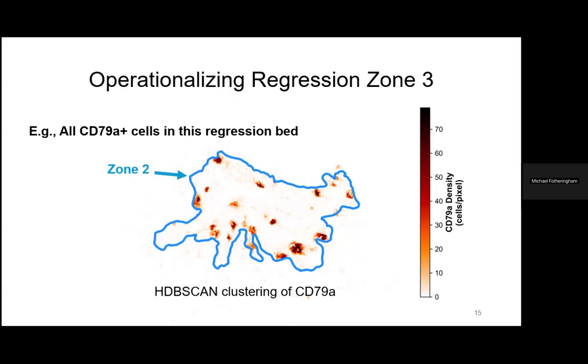I've annotated zone 2, and inside you can see these splotches of high density zones. I applied a clustering algorithm. I meant to write this out underneath, so my apologies, but it's hierarchical density-based spatial clustering of applications with noise. And I'm sorry if that means anything to you.